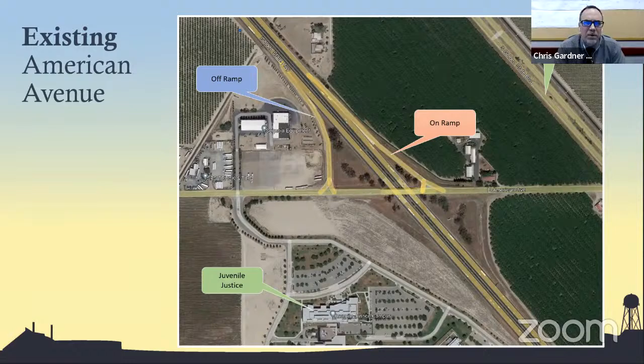Up to that point, Golden State Boulevard was the former major north-south state route traversing the San Joaquin Valley. You can see Golden State in the upper right portion of the slide. You may also notice how Golden State was constructed parallel to Union Pacific Railroad.